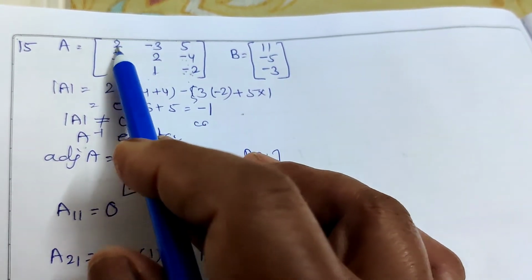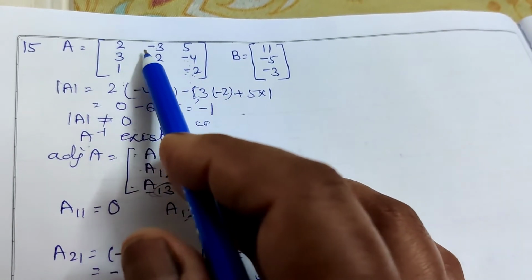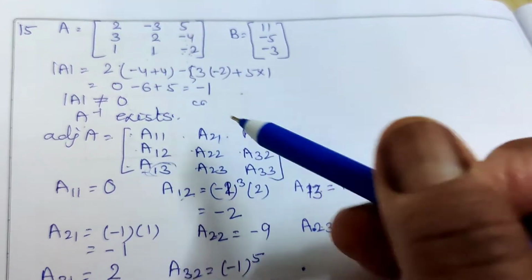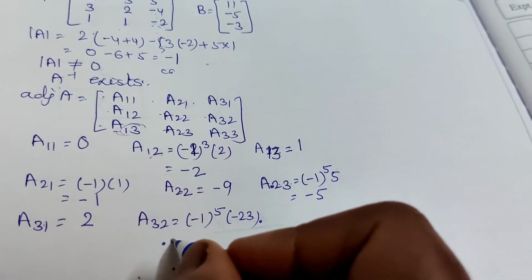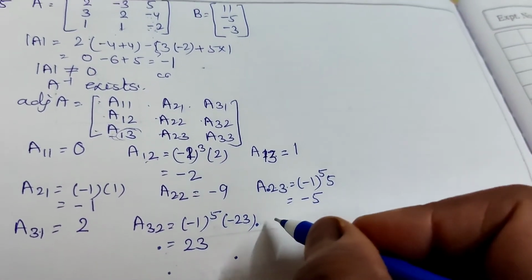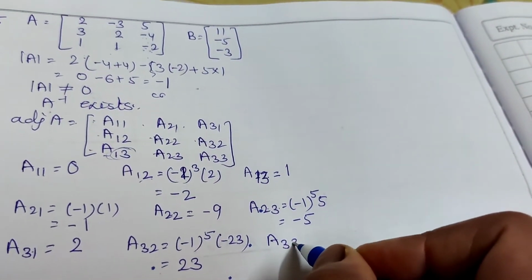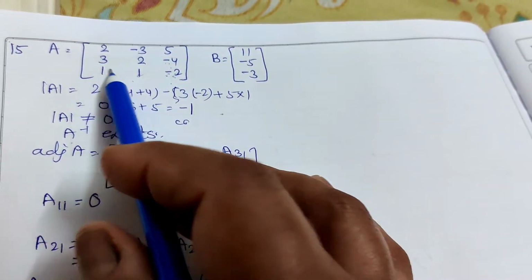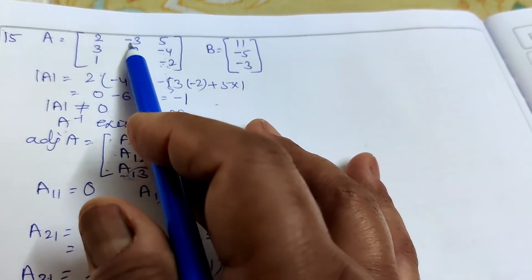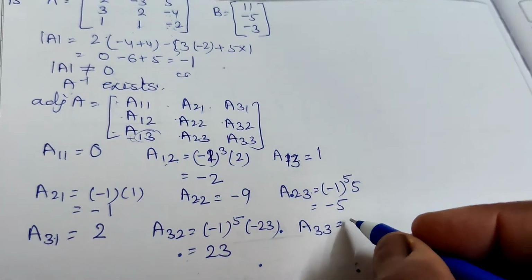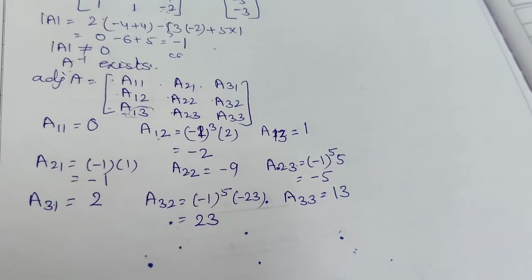It is minus 8 and minus 15, minus 23. Now A33. Eliminate third row and third column. It is 2 into 4 plus 9, 13, equal to 13.